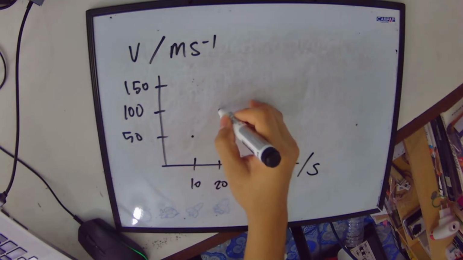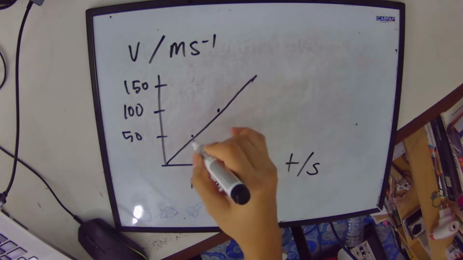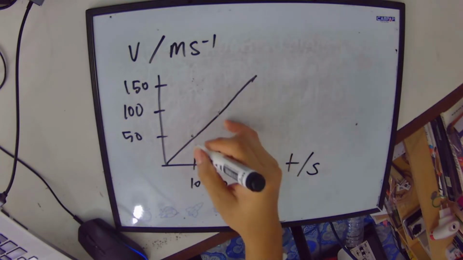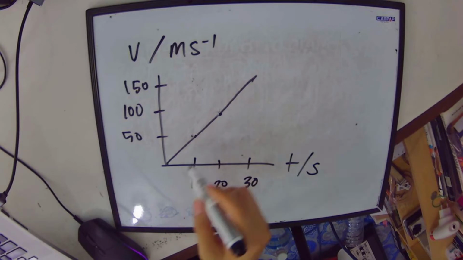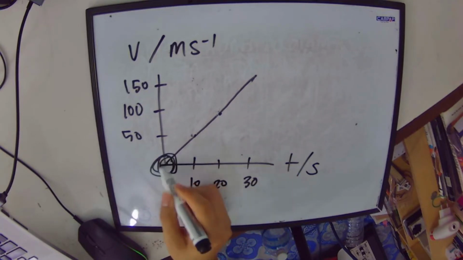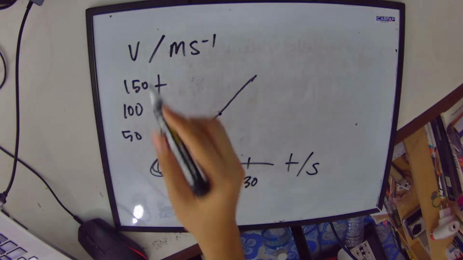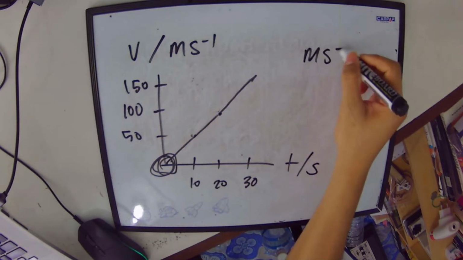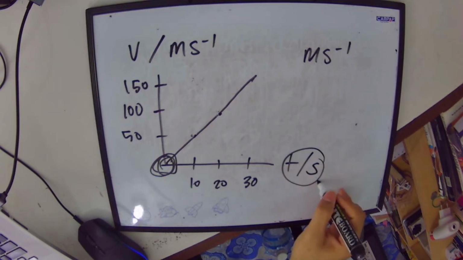All right. And when we plot it, okay, it's not very perfect, but it doesn't matter. All right. So this is an example of a straight line that passes through the origin. So here's your origin, and y. So in this case, y is ms ataupun speed, meters per second, and x is, this is your x.